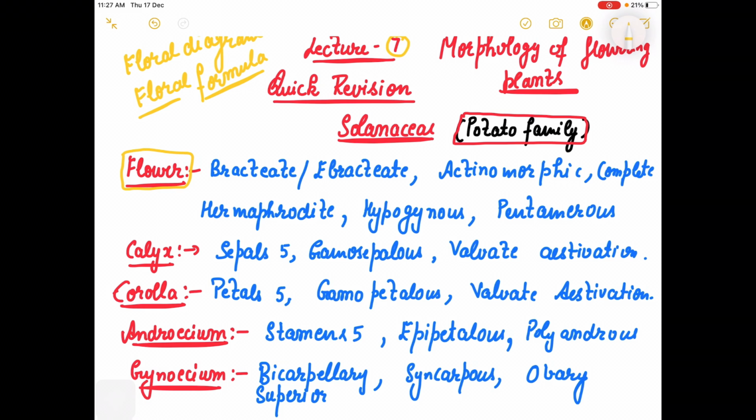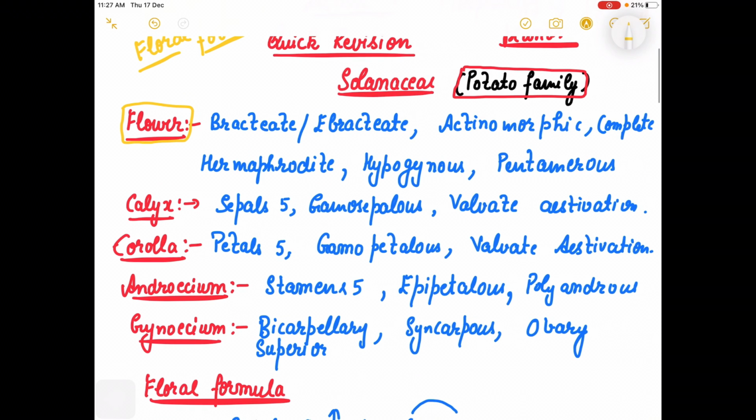When you talk about the flowers of the Solanaceae family, they can be bracteate or ebracteate. Actually, we see a few members are ebracteate also, in which the flower is ebracteate, and a few members are with the bracteate flower. So again we will write both. For bracteate we will write BR, and for ebracteate we will write EBR.